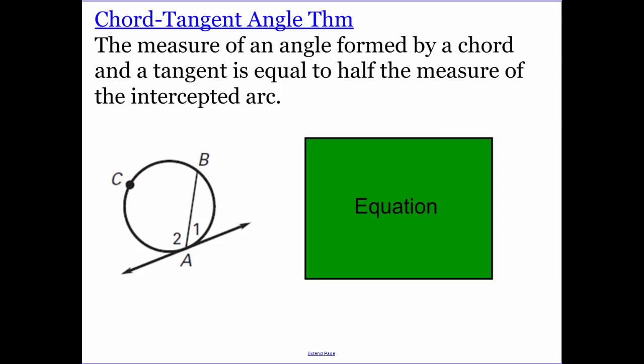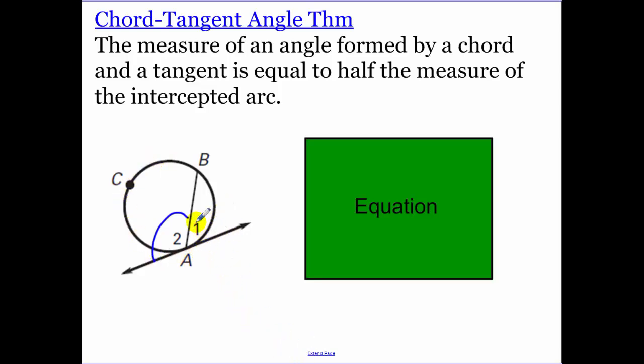Okay, chord-tangent angle theorem. So what this means is the measure of an angle formed by a chord and a tangent is equal to half the measure of the intercepted arc. So if you have a chord and a tangent, the measure of that angle, like angle 2, that big angle, is half the measure of the intercepted arc.